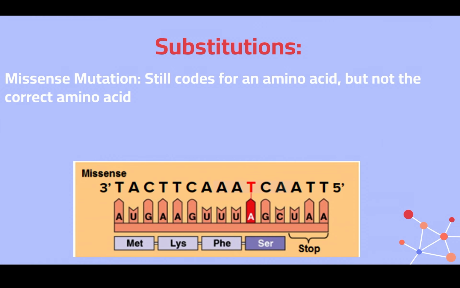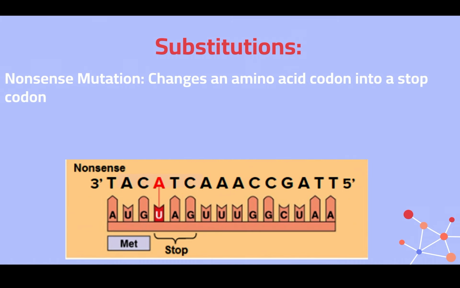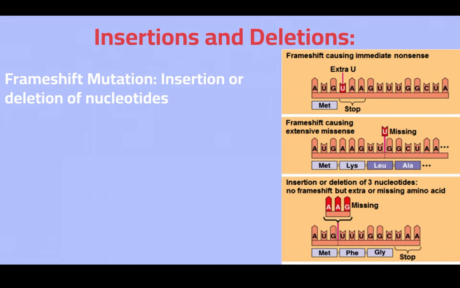This can be very dramatic because if the chemical properties of the original and the new amino acid are very different, it can lead to something dangerous. And then we have nonsense mutation, which changes an amino acid codon into a stop codon, and this nearly always leads to a non-functional protein.